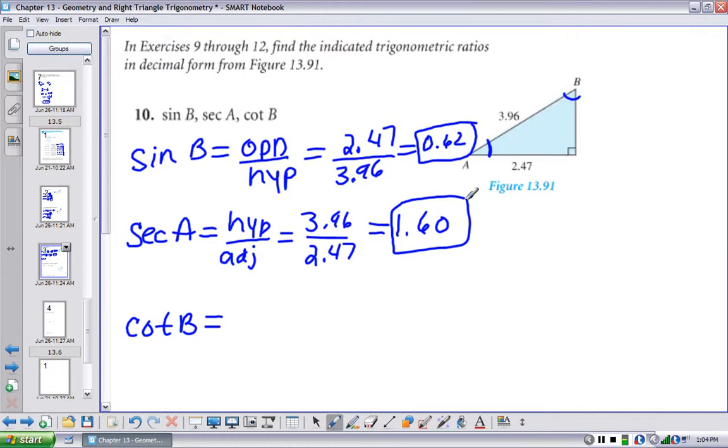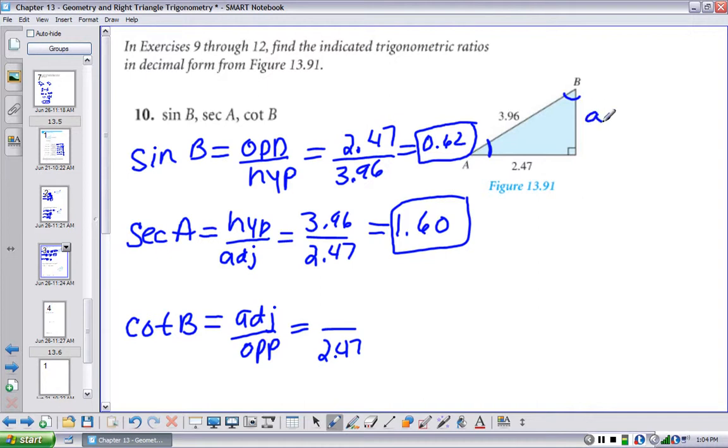Then I'm looking at cotangent B. It's adjacent over opposite. So if I look at B, we don't have the adjacent side, but we do have the opposite side. Now notice, here we are missing one of our legs.